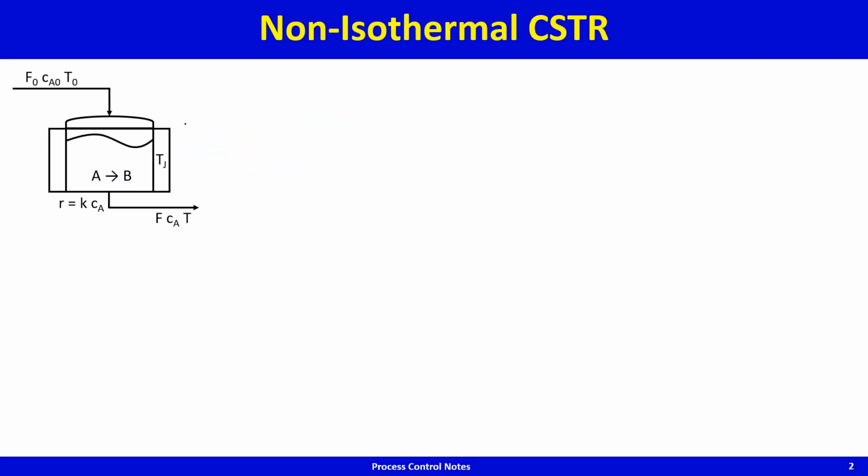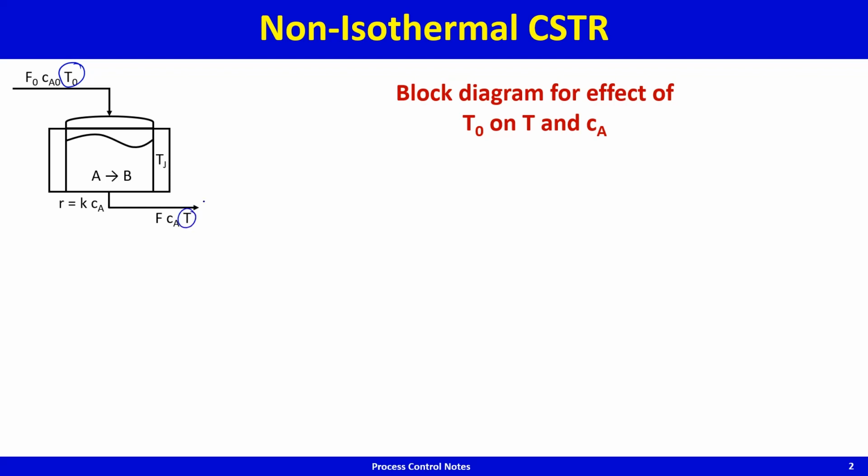And what we are interested in is the block diagram structure, cause and effect structure, for how T naught affects T, the reactor temperature, and concentration of the reactant A leaving the reactor.